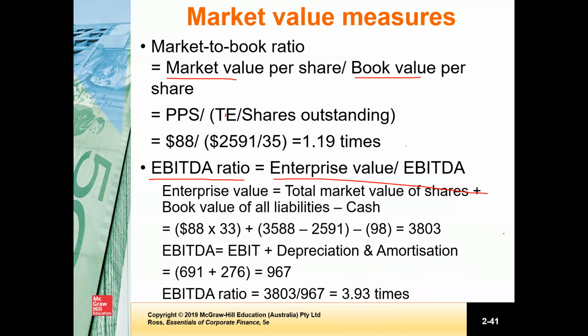Enterprise value is calculated as the total market value of shares plus the book value of all liabilities minus cash. And for example, it is 3.93 times. This ratio is similar in spirit to the PE ratio, but it relates the value of all operating assets, that is the enterprise value, to a measure of operating cash flow generated by those assets.